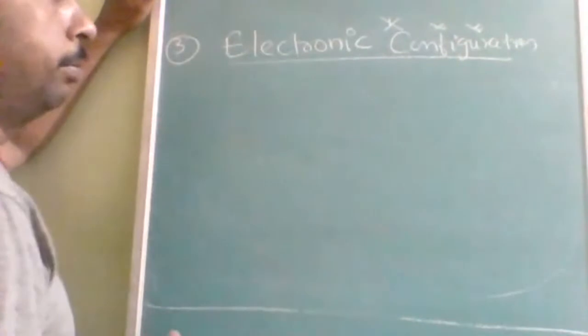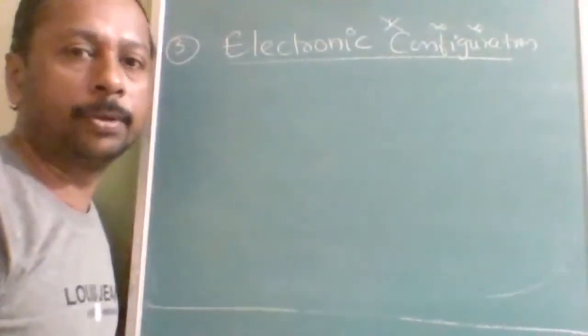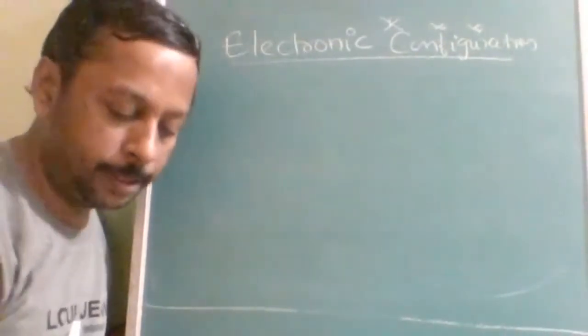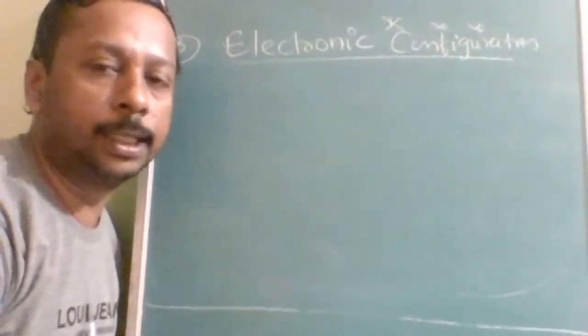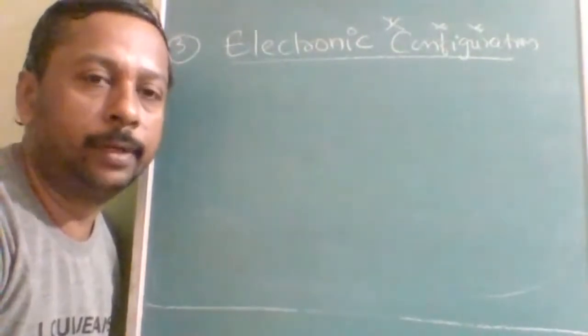I will explain through the graph so that this understanding must be clear. How electronic configuration is going to affect ionization energy, I am going to explain through the graph, across the period and across the group.